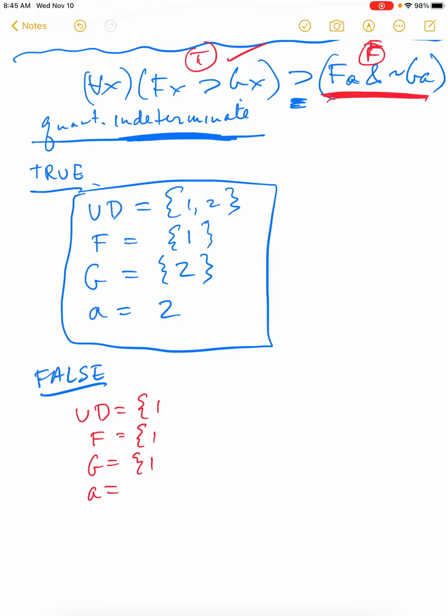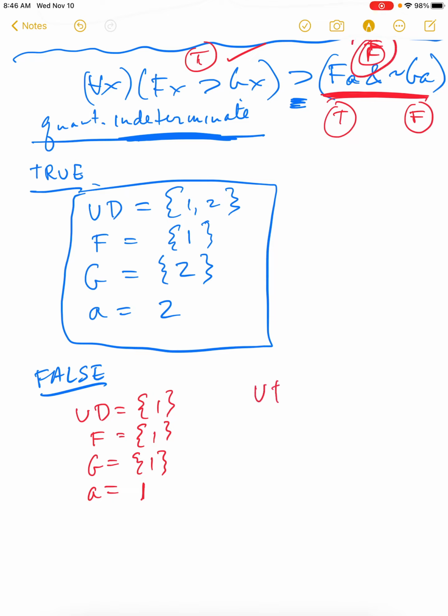And we want it to be false that whatever A names is F but not G. Well, we could just have A name 1, right? And now we're done, right? Everything that's F is G, and A names 1, so that's true, but the consequent is false because we put it into the extension of G. So the whole thing is false.